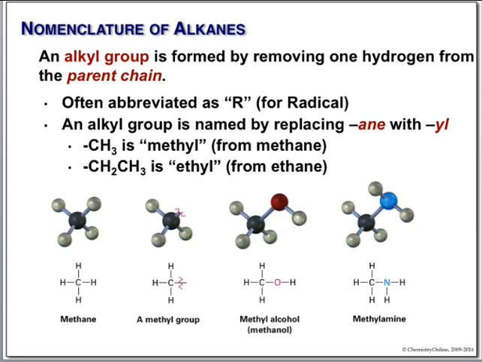But if it's a side chain, we're going to call it a methyl, y-l on the end, replacing a-n-e. And that simply tells you that we're dealing with a side chain. 2 carbons we said was eth, so if we have a 2 carbon side chain, it would be an ethyl.